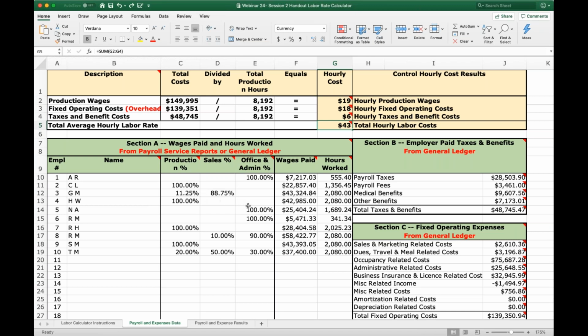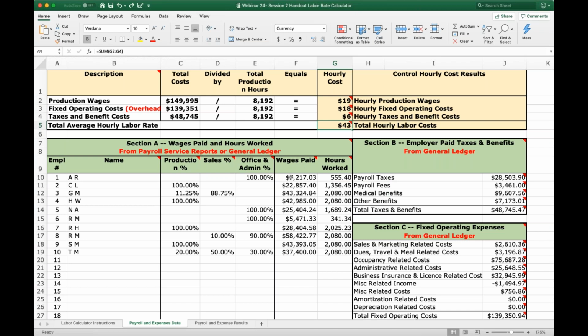All production, all administrative, production, split. So here we take their wages. We get this from the payroll report that this particular client provides. We get it straight off the payroll report, so it's based on what was actually paid to that employee for the year.